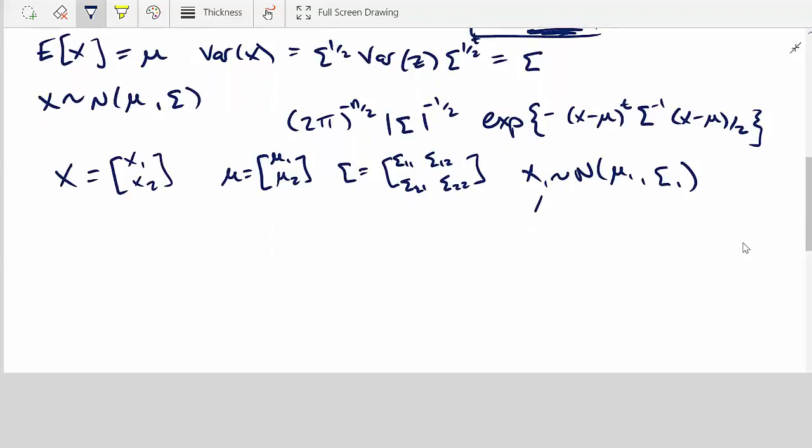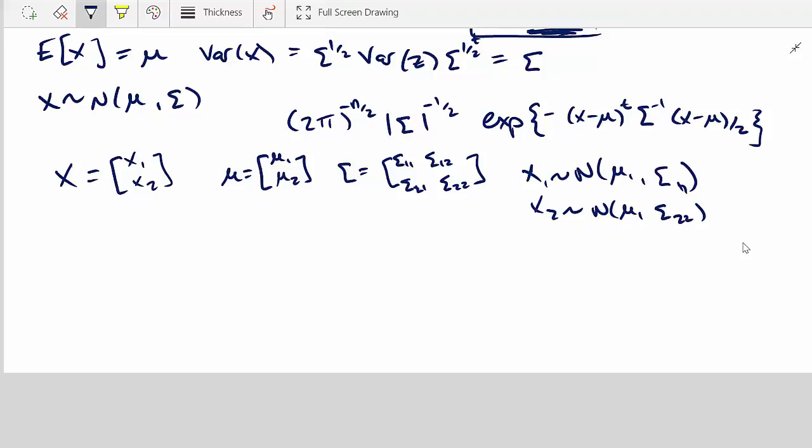And similarly, X2 is going to be normal with mean mu2 and variance sigma 2,2. Okay, so any subvector of a multivariate normal vector is multivariate normal.